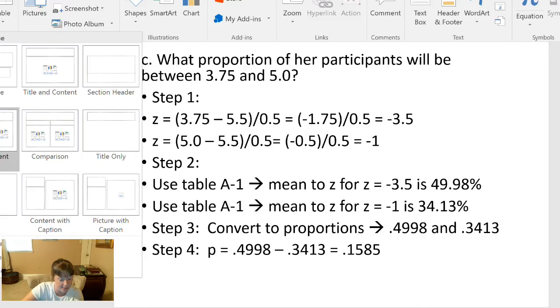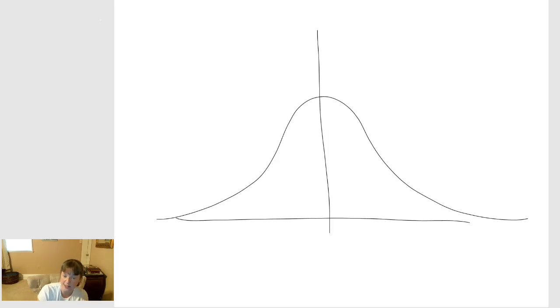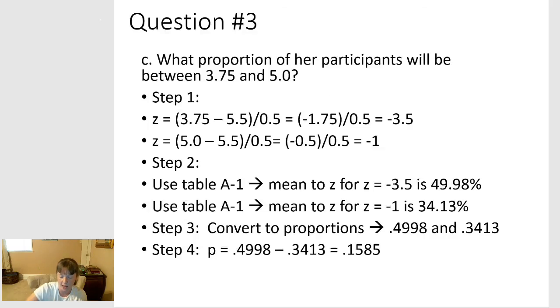Where would that be? Z-scores always have an average of 0. And I got z-scores of -1 and -3.5.